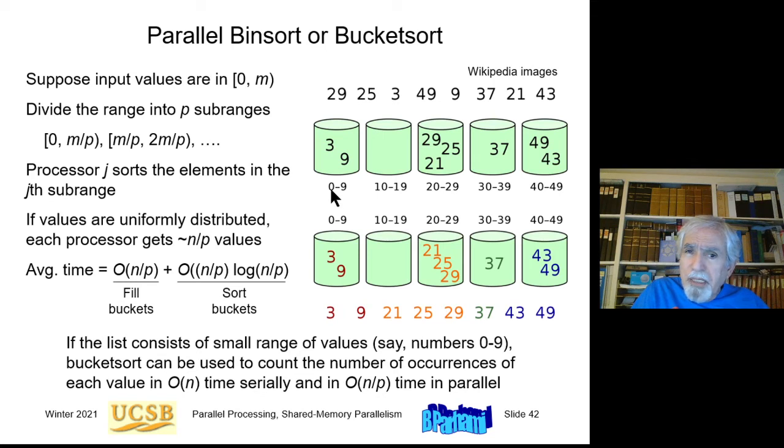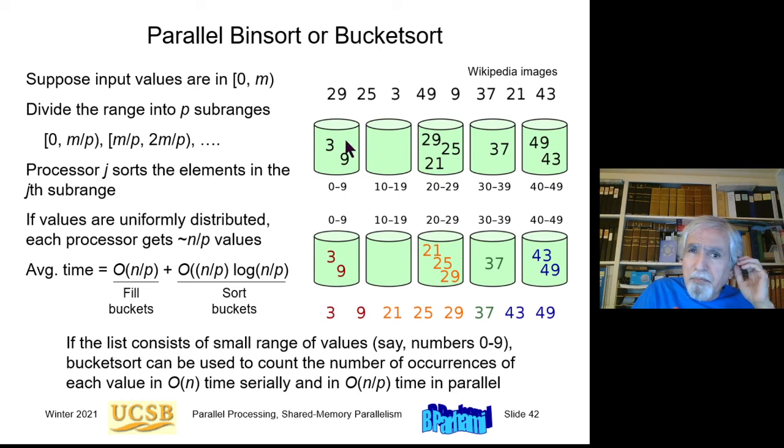So one bucket contains numbers 0 through 9, another one 10 through 19, and so on. So 29, I put it in this bucket. 25, I put it in this bucket. 3 goes in this bucket. Okay, so one scan of the list allows me to put numbers in the various buckets.